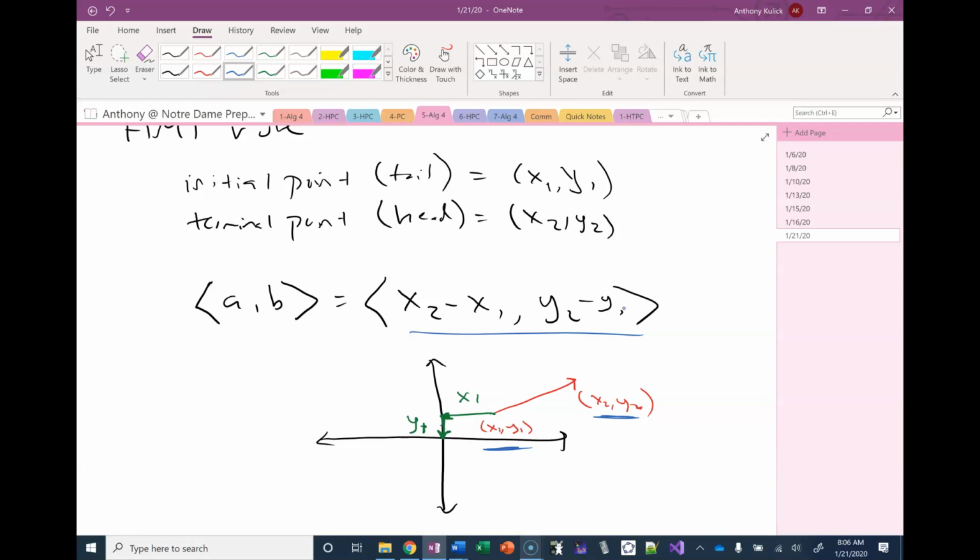So all this formula is just us translating our vector so that the initial point is now at the origin. Everybody okay with that? Okay.